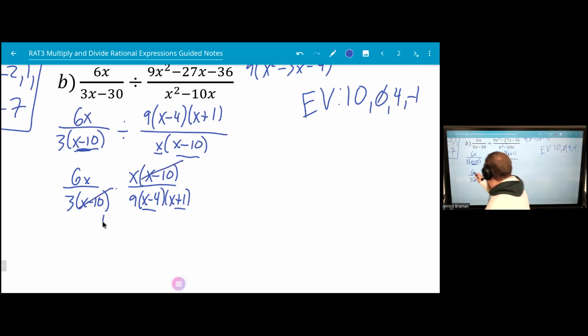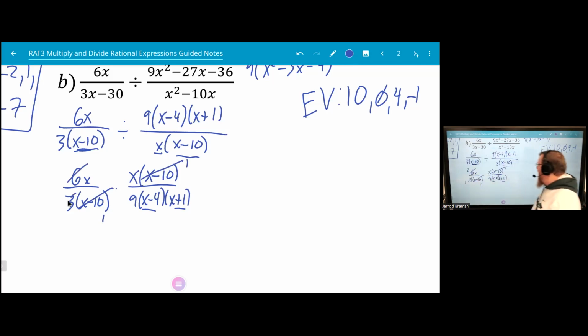How about 6 divided by 3? That simplifies to 2 and 1. And I think that's it. So let's multiply what we got left. I've got 2 times x times 1, or just 2x squared, divided by 1 times 1 times, well, this stuff, 9 times x minus 4 times x plus 1.